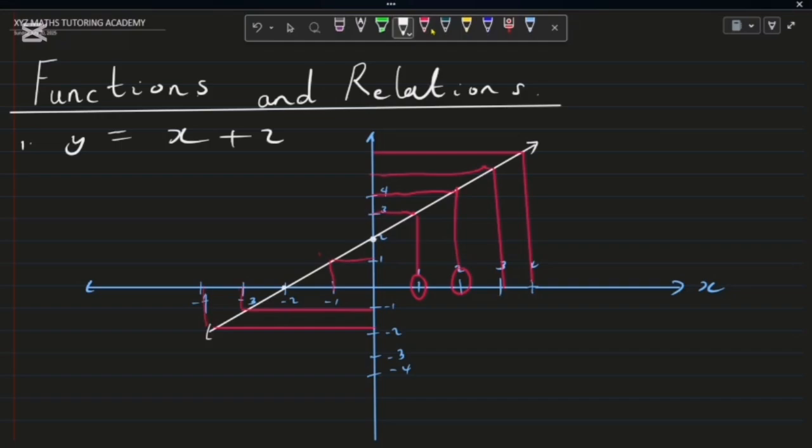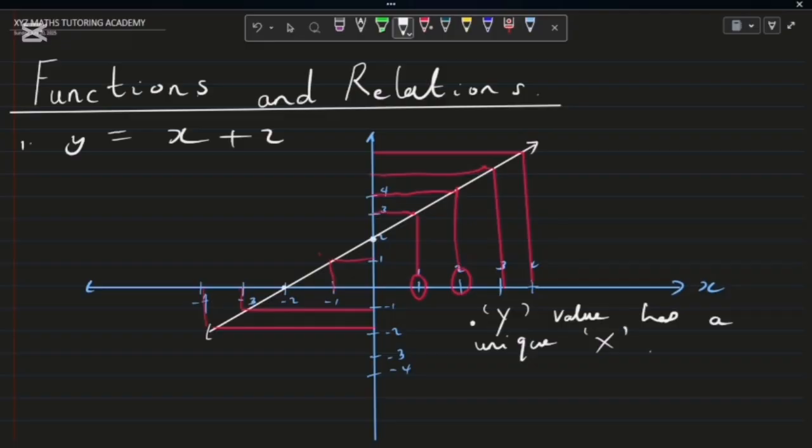So let's write our findings. For this graph, every y value has a unique x value.